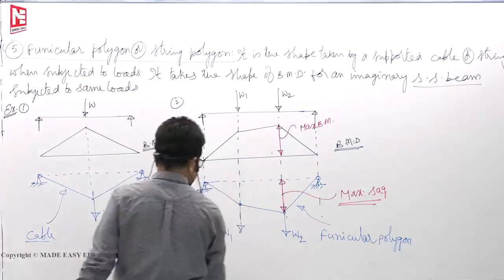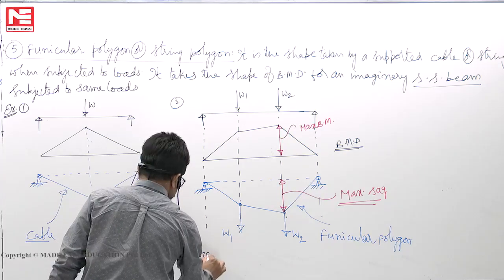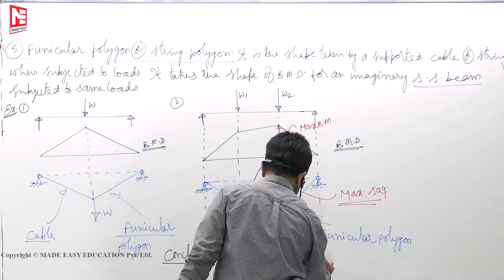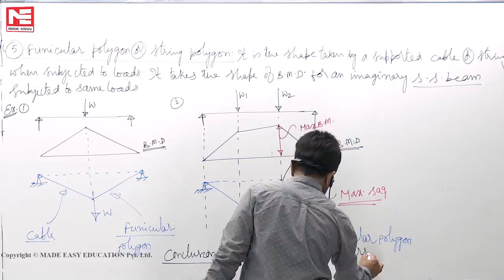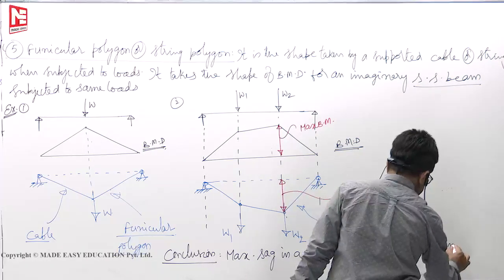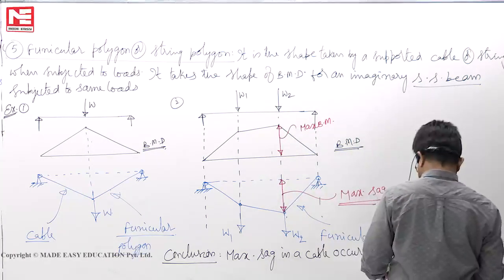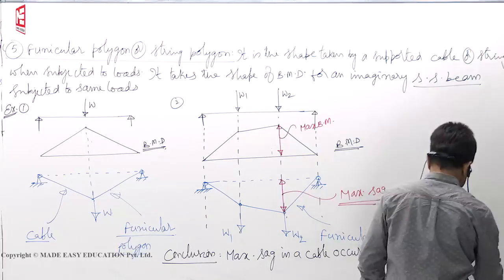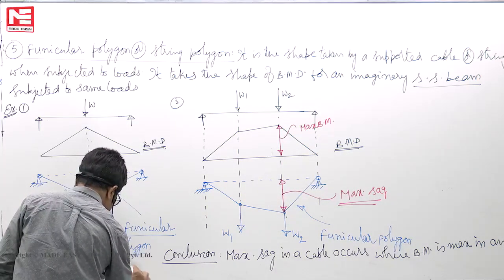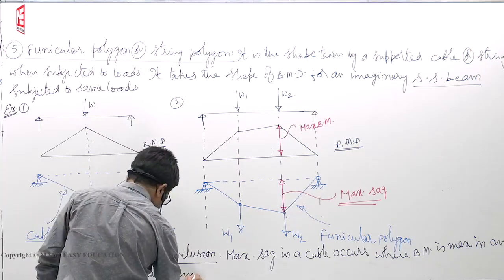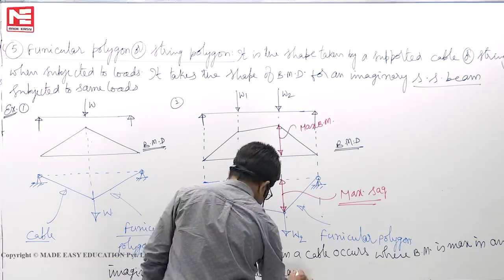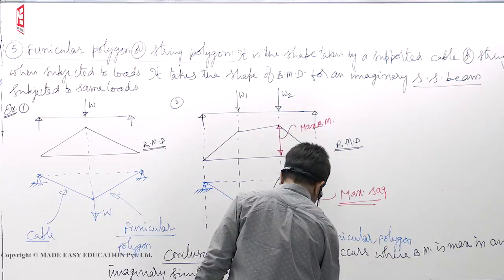Now, we can draw this conclusion: maximum sag in a cable occurs where bending moment is maximum in an imaginary simply supported beam subjected to the same loads.